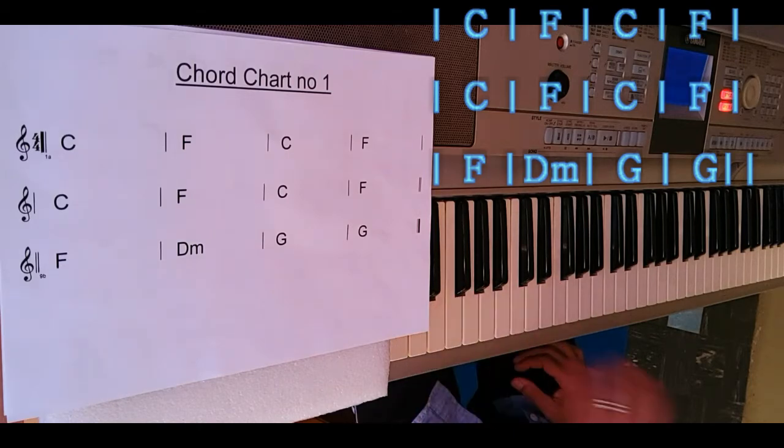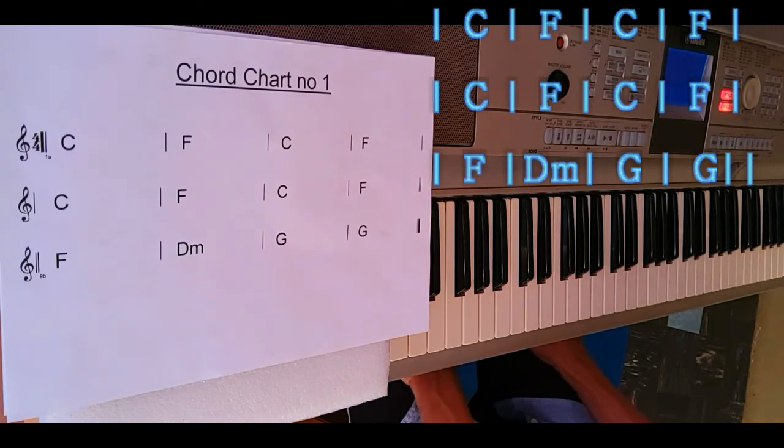Later we can move to the bass note and do the left hand on the bass note if you want. Now, another thing we can do, for example on a chorus, is to have more movement in the music.